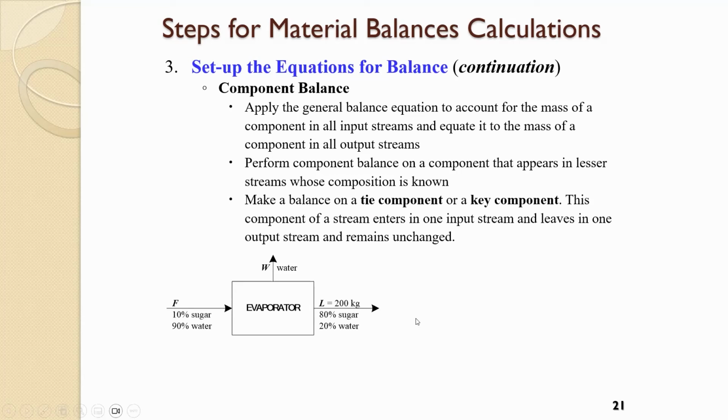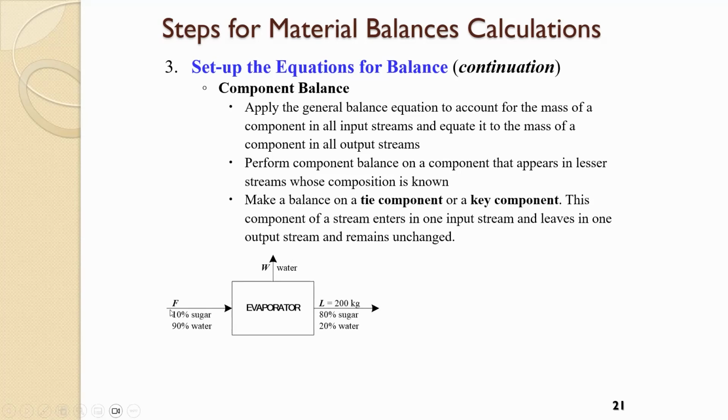So if, for example, I ask you in here, you see there are three streams, F, W, and L. In the three streams, how many times does sugar appear?